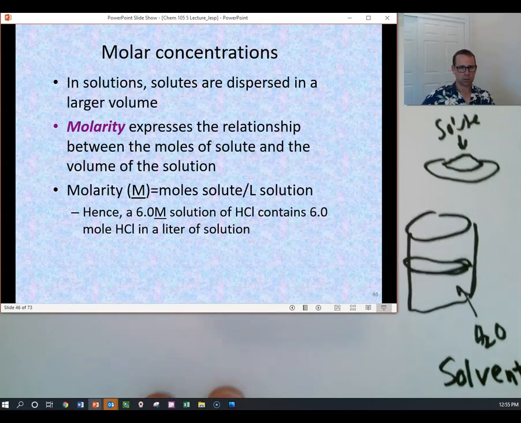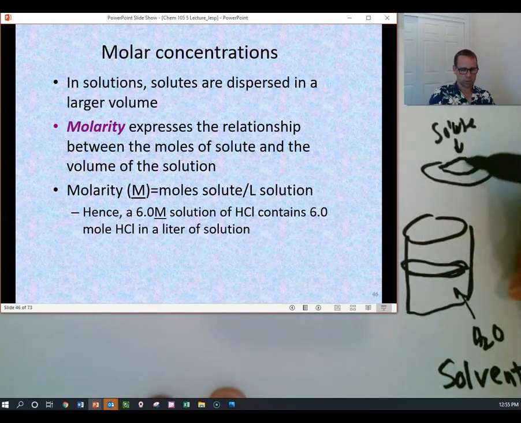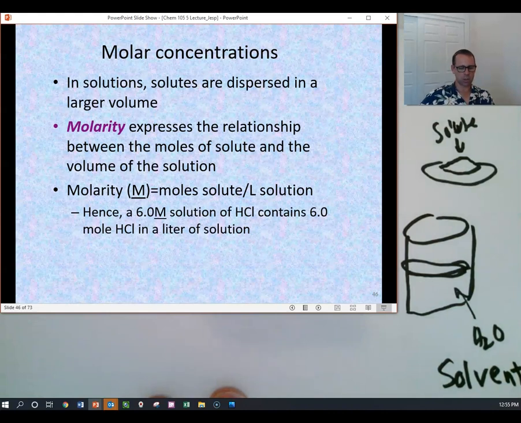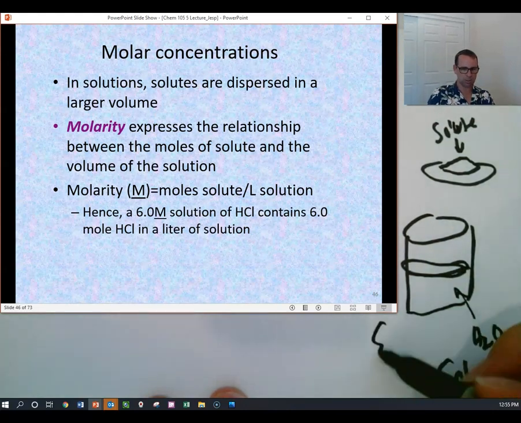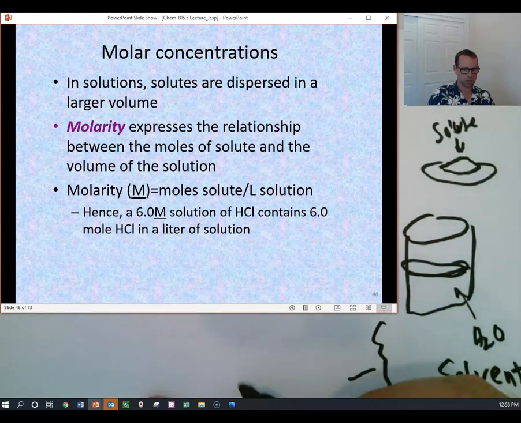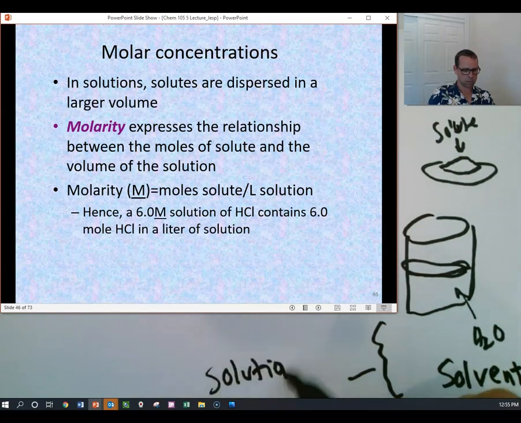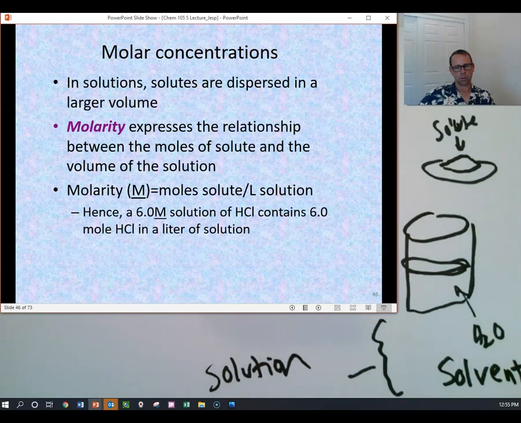Solvent. Yeah, the solvent. The solute is the powder, and the solvent is the water. And the mixture, do you remember what you called the mixture? Call it the solution. Yeah.